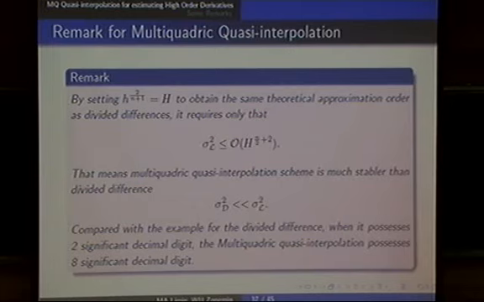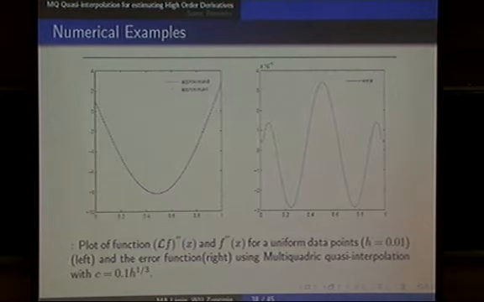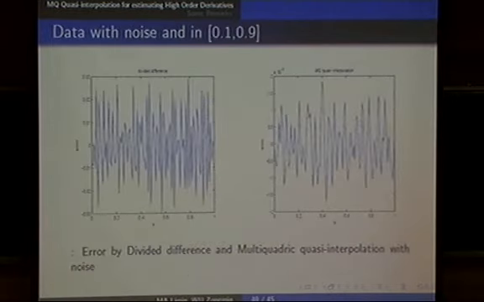It's a very good improvement. The random error of the data should be small, smaller than this bound. Okay, this is not important.